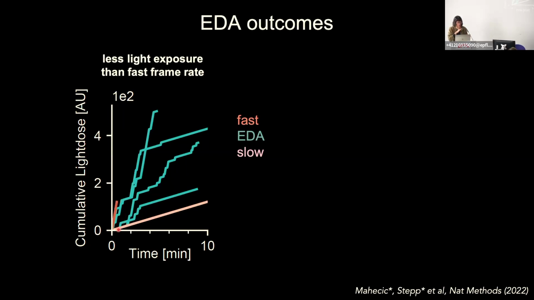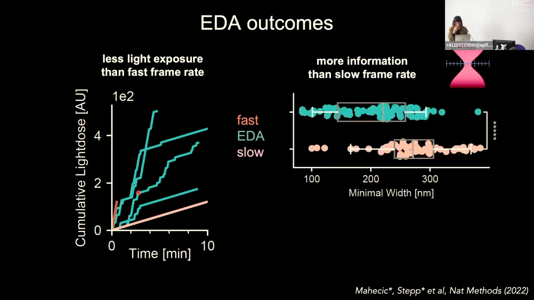Now that we're switching between these slow and fast frame rates, with event-driven acquisitions, all of these blue curves, you can see that we accumulate light dose at different rates depending on the individual experiment, but it's always going to be less than the fast and greater than the slow. Nevertheless, the idea is that during these fast accumulations, that's when an event is actually happening, and that's how we get enrichment of the events of interest.